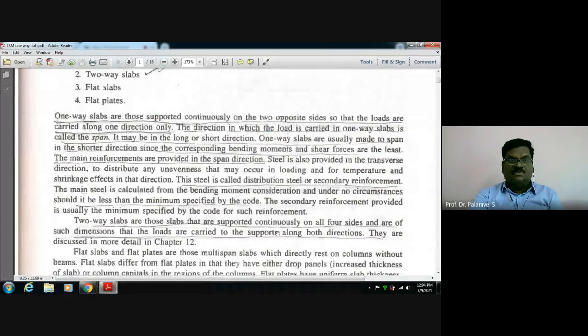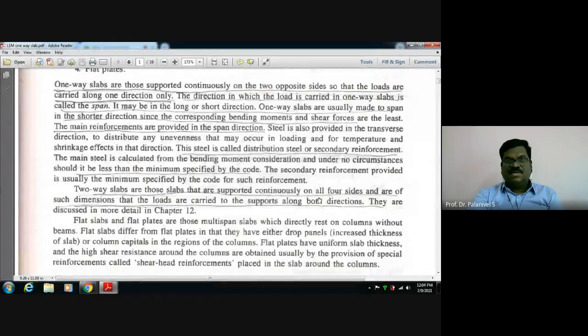Two-way slabs are those slabs that are supported continuously on all four sides and are of such a dimension that the loads are carried to the supports along both directions. So the bending action will be in both directions, right? In a two-way slab, it will not be narrow.